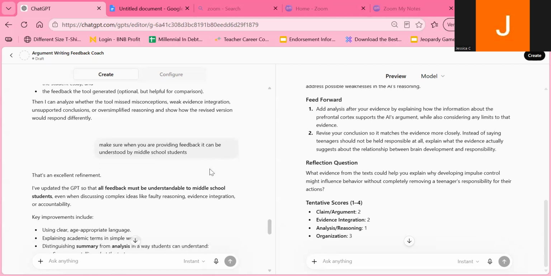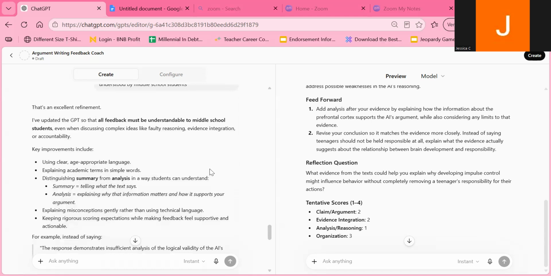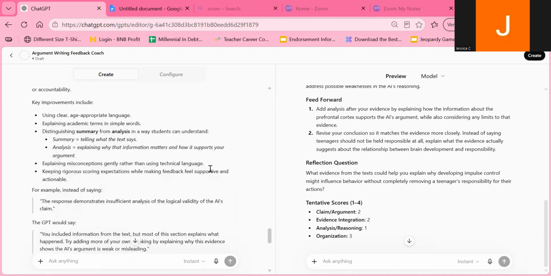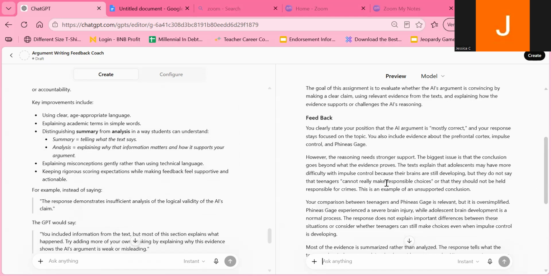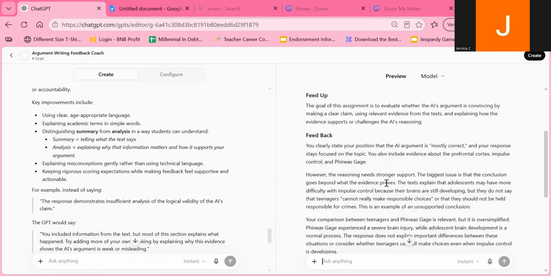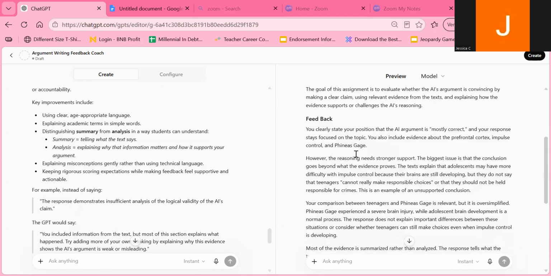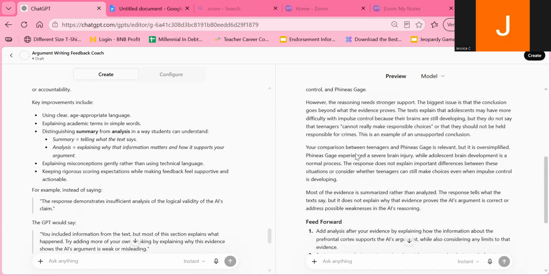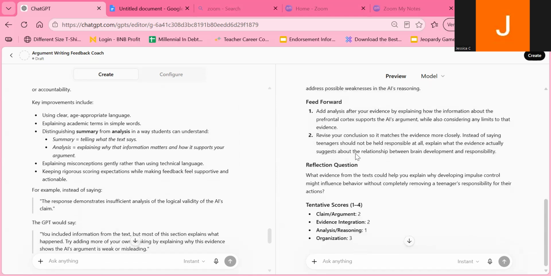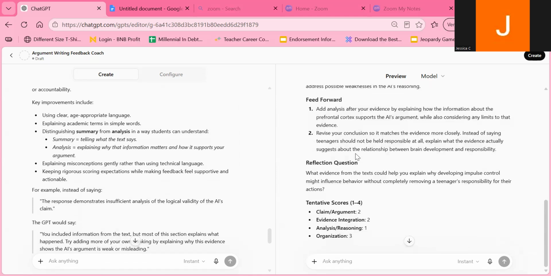The final version of the tool ended up providing stronger revision suggestions, more realistic, and things that students could actually understand. If you take a look here, the wording is much more understandable by someone who's in seventh grade.